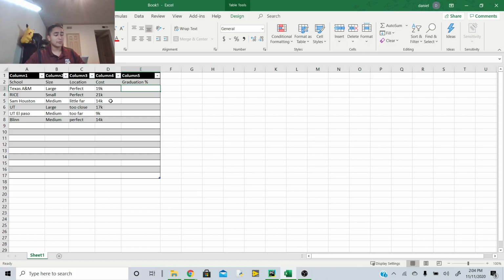And then another big one is graduation percentage. You need to know, are people graduating from A&M? Are people ultimately finishing their degree? Are they getting jobs? And you really want to look up the job rate after college. I know it's really dependent on the major, but each university has its network.